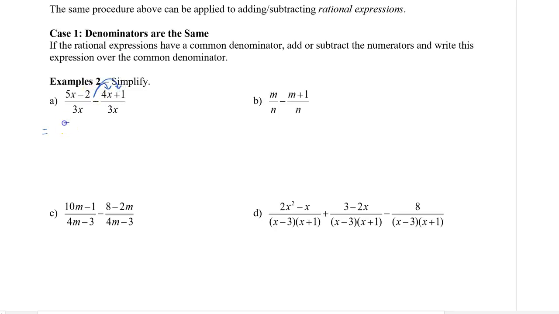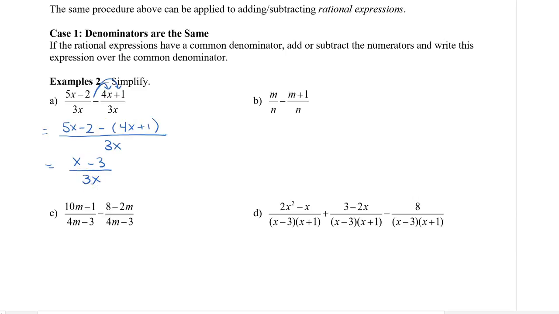So what you're really doing, let me rewrite this, is you're subtracting 4x plus 1. So everything in the second fraction is going to get subtracted. So when we do this, we get 5x minus 4x to be x, and then negative 2 minus 1 gives me negative 3, all over 3x.